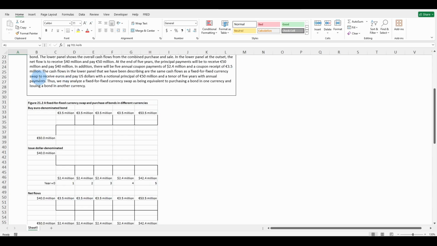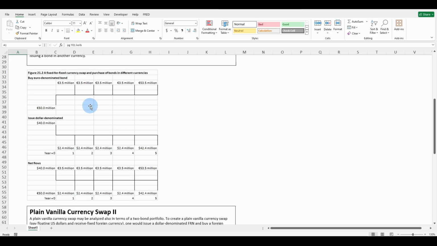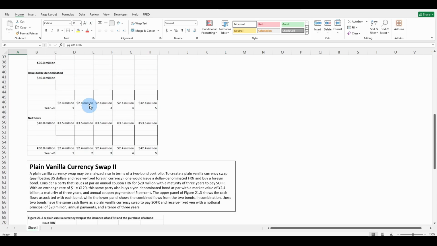The cash flows in the lower panel that we've been describing are the same cash flow as a fixed for fixed currency swap to receive euros and pay US dollars with a notional principal of euro 50 million and a tenure of 5 years with annual payments. Thus, we may analyze a fixed for fixed currency swap as being equivalent to purchasing a bond in one currency and issuing a bond in another currency. Think through it. It's pretty straightforward.